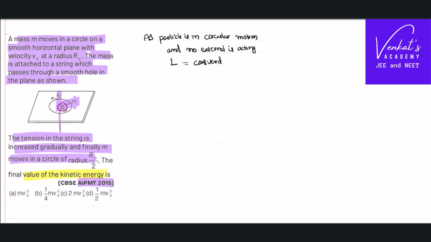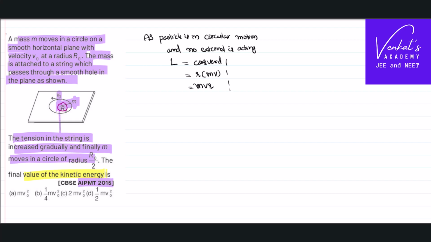Angular momentum is something like moment of momentum. Moment of means the product of distance r and momentum, which is mv. So angular momentum has the formula mvr.